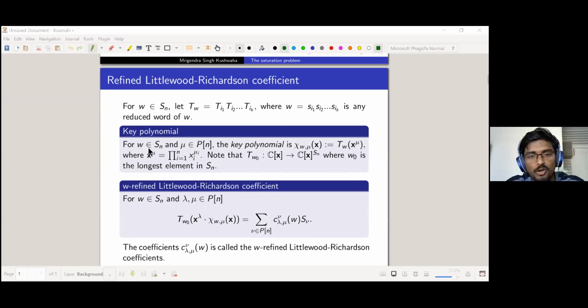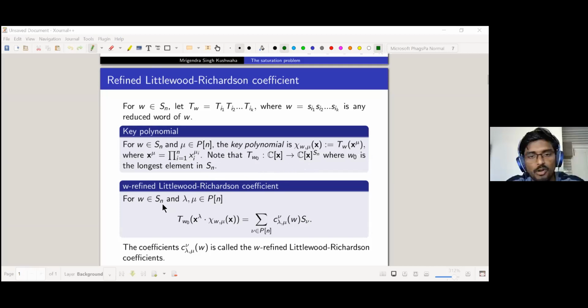By using this de Maisure operator, we can define the key polynomial. For W a permutation and mu a partition, let us define chi W mu of x, the key polynomial, that is the de Maisure operator T_W acting over x power mu, where x power mu is the product of x_i to the mu_i. Note that if we take T_W naught, where W naught is the longest element of S_n, then this is a map from polynomials to symmetric polynomials.